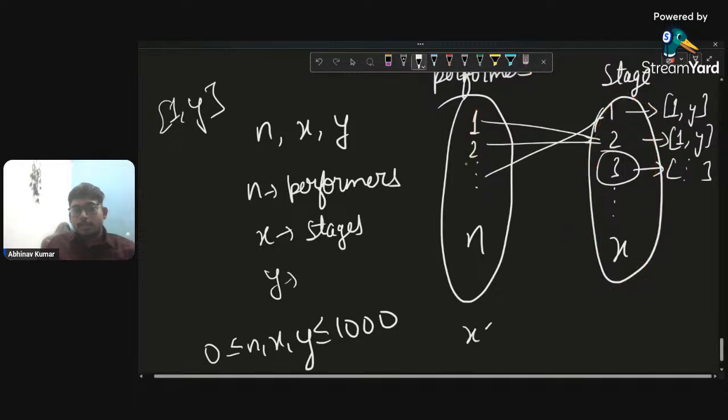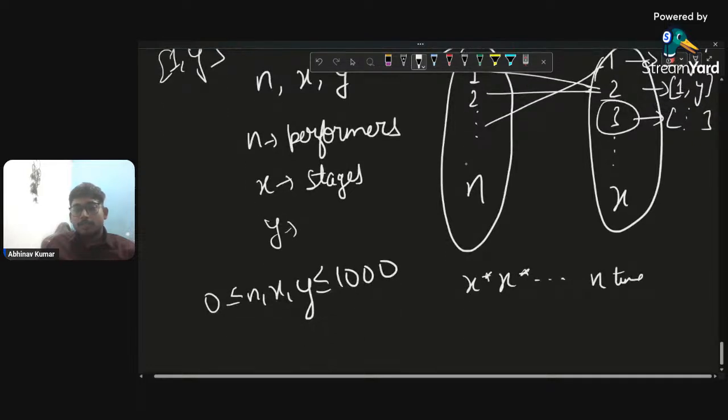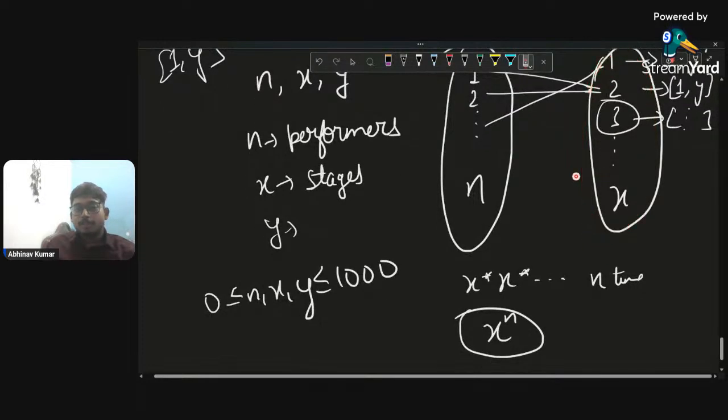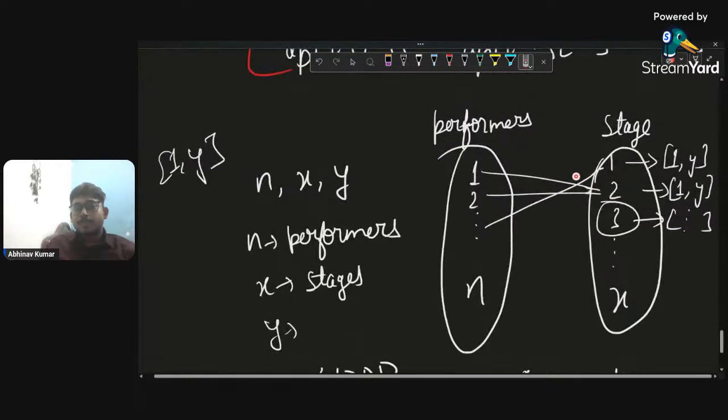So x into x into x, how many times? n times. There are n performers, so x to the power n. This would have been the number of ways the performers can be assigned stages. Every performer can be assigned one of these x stages, so x options for every performer, and there are n performers.